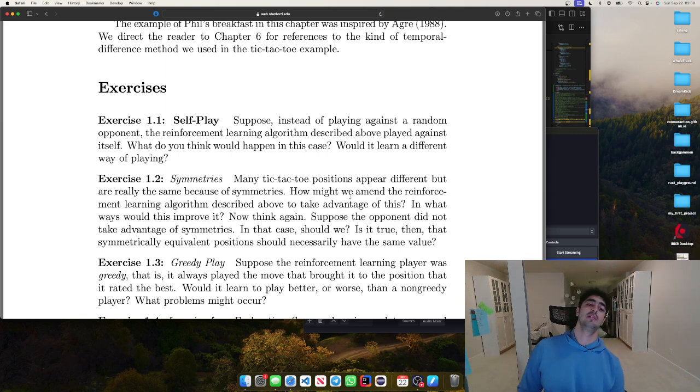Symmetries. Yeah. If the player puts in the middle, you go up. It's literally the same as putting it there. So some things are exactly the same. Some positions are exactly the same. Some positions are sort of the same.